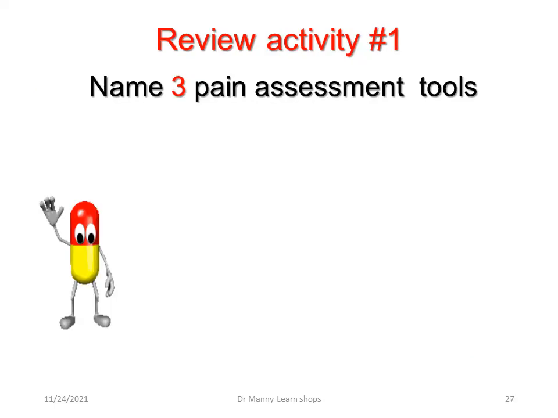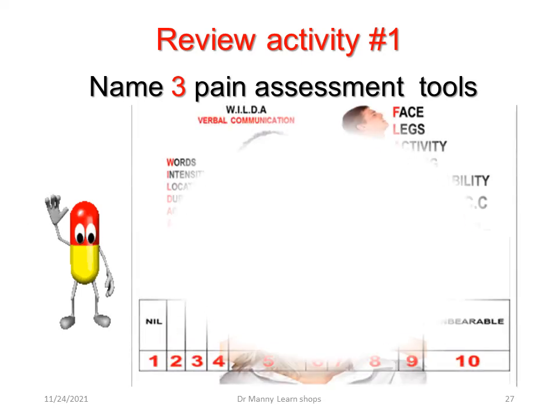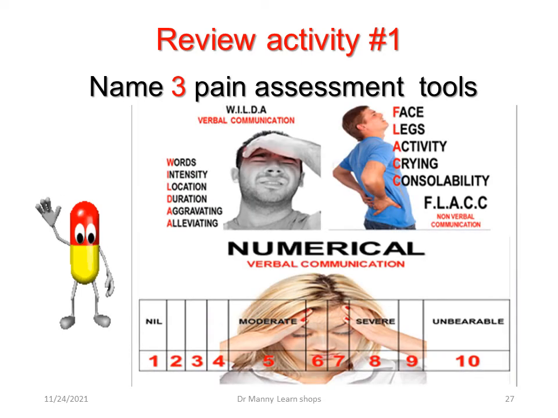So let's review. Can you name 3 pain assessment tools? Three pain assessment tools are Wong-Baker for verbal communication, the numerical scale, which measures the intensity of pain, and FLACC, which is nonverbal communication.